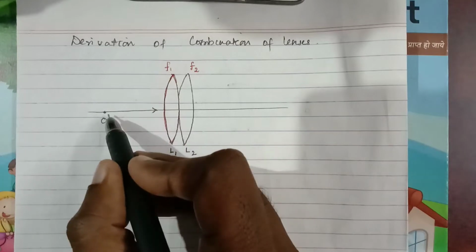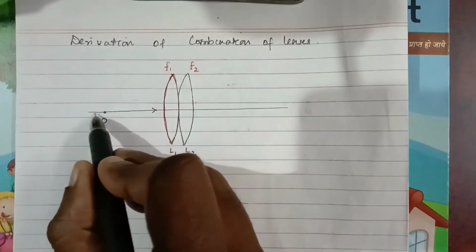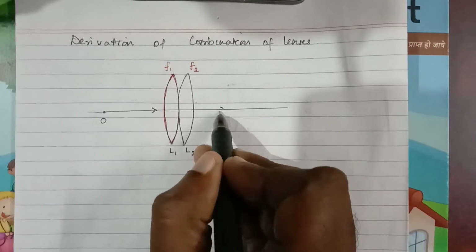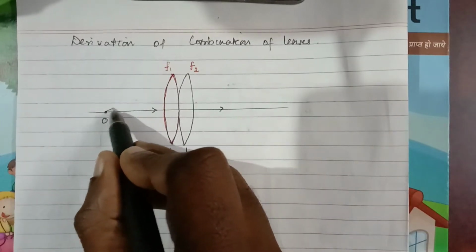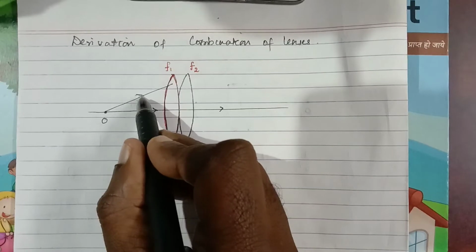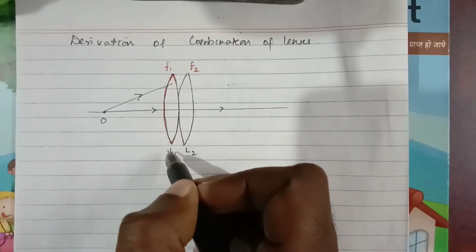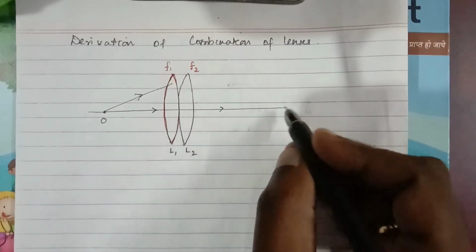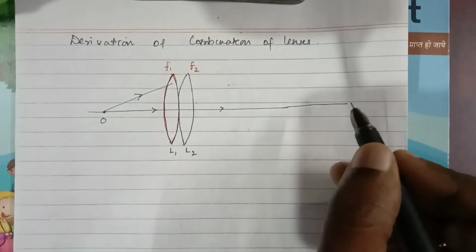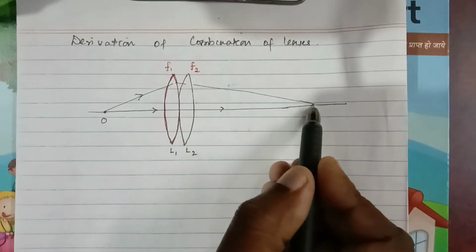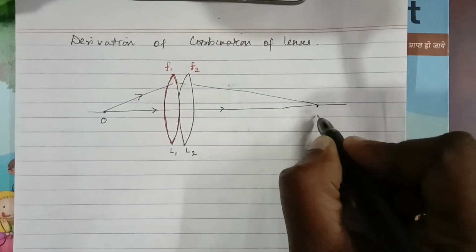So for the first lens, the ray passing through the optical center goes undeviated, and the ray incident on the surface of the lens L1, after refraction, would produce an image at I dash.